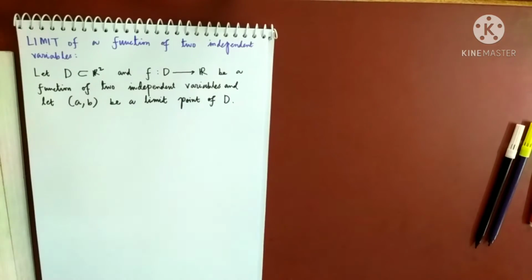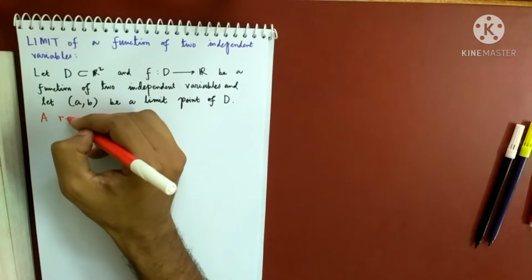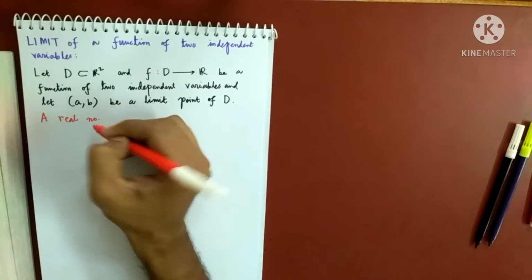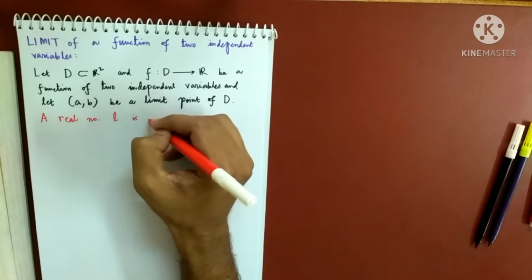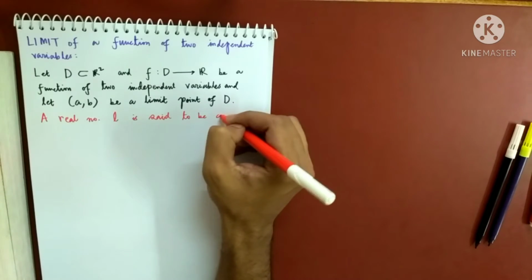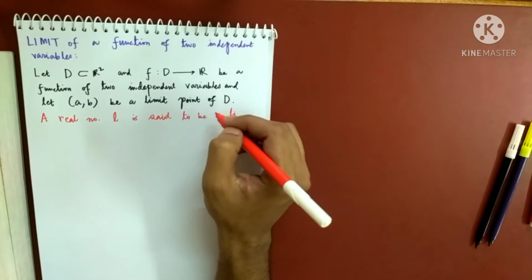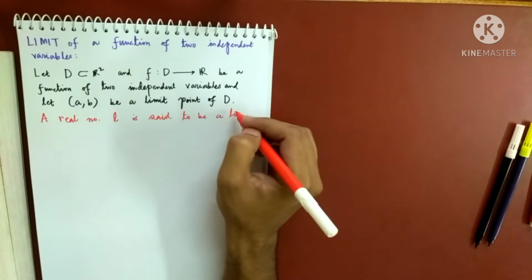So let this be a limit point of D. A real number L is said to be a limit.